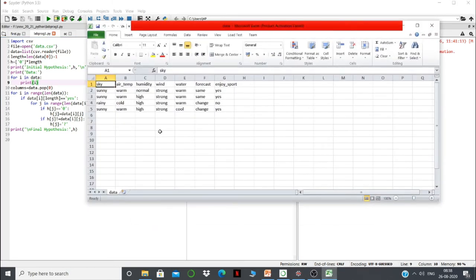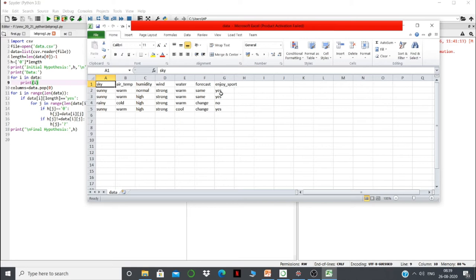In a previous lab introduction class, I have explained how to create a CSV file. Now we have this data set, where the concept is Aldo enjoys water sport, and the attributes are sky, air temperature, humidity, wind, water, forecast, and the target concept is enjoy sport. The target concept is either a 1 or a 0.